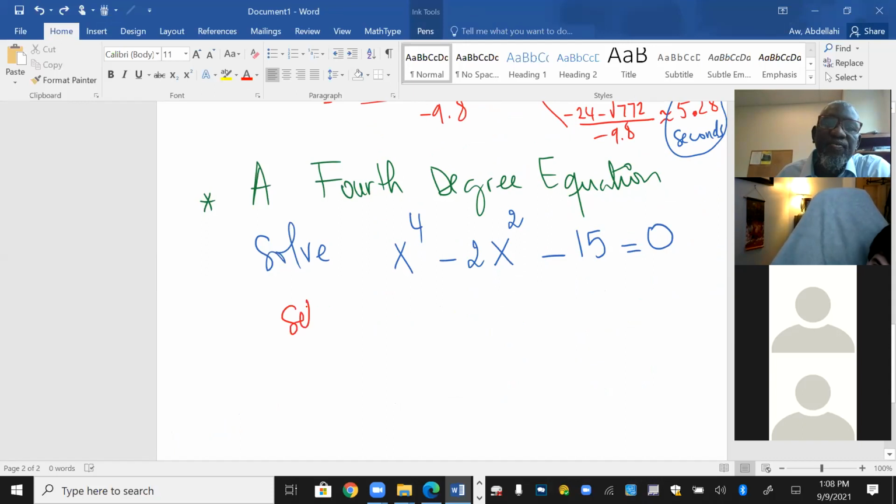If I said w is equal to x squared, that is, I decided to rename x squared w, right? How much is w squared then? x to the fourth. w squared will be x to the fourth, right? Everybody see that? Then w squared will be x to the fourth.